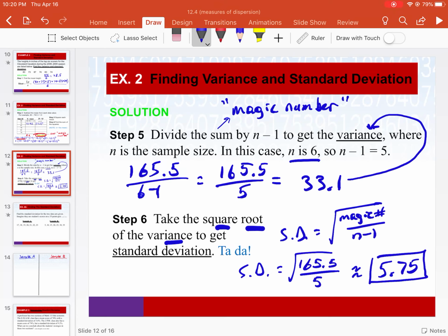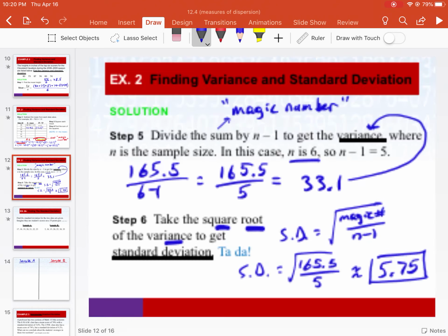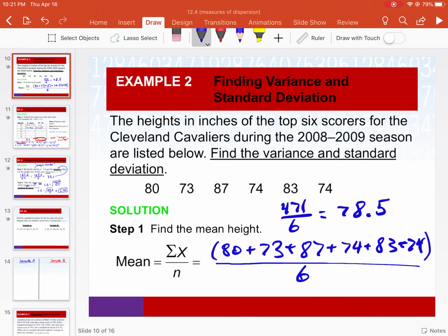Now, we'll talk a lot about this, but definitely more in a stats class. But here's the idea. If I wrote the heights, each number on a piece of paper, and I put it in a hat, and I reached in and I pulled out one number, what it means is that on average, the number that I pick will vary from the mean.